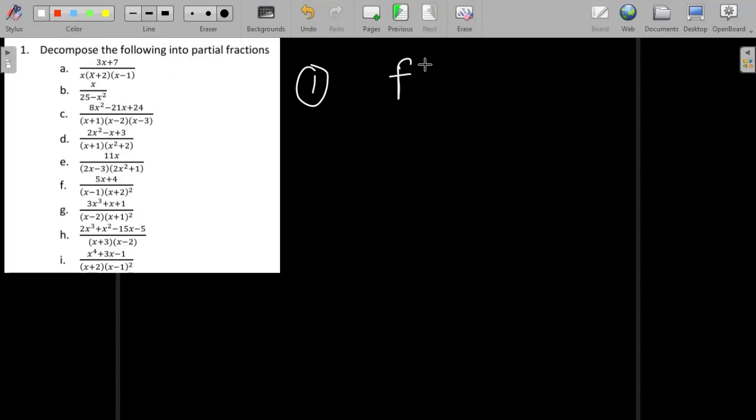Let's say I have a function f of x on top and a function g on the bottom. You look at the highest degree that f has, and also the highest degree that g has.